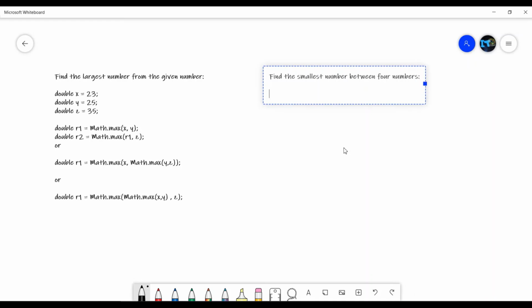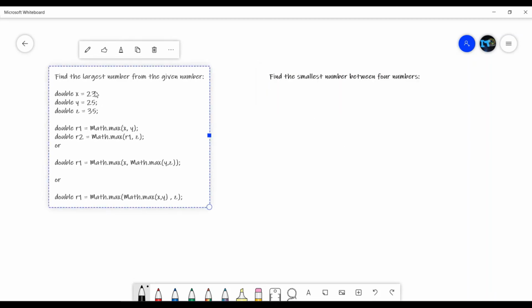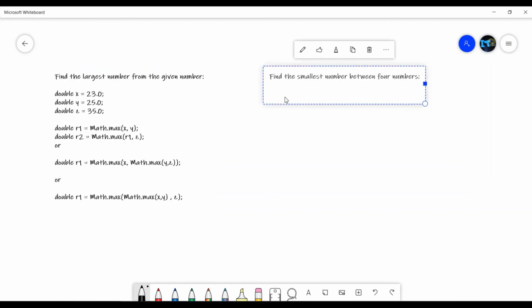Means we have four values, and we have to calculate the smallest one. So how to do that? Here all are double values, like 23.0, 35.0. So let's go to my next one.